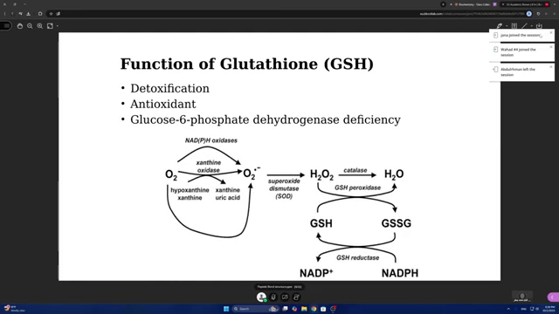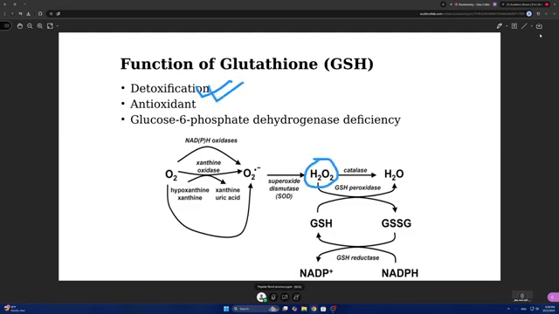Now the next important thing is that glutathione is required as a detoxificant or antioxidant, and it is very important to detoxify hydrogen peroxide, especially inside the RBCs. In this process, glutathione itself gets oxidized and NADPH is required. So remember that NADPH is required to regenerate the glutathione.